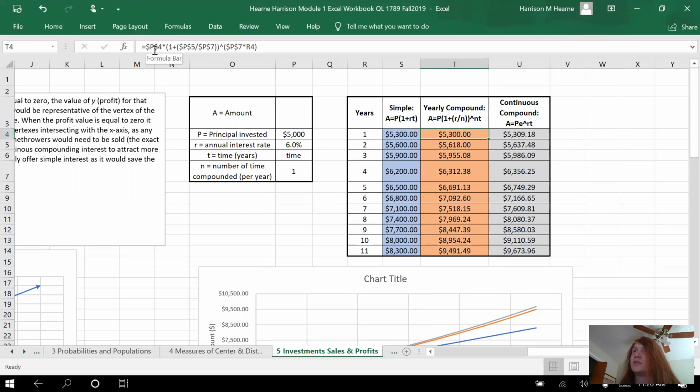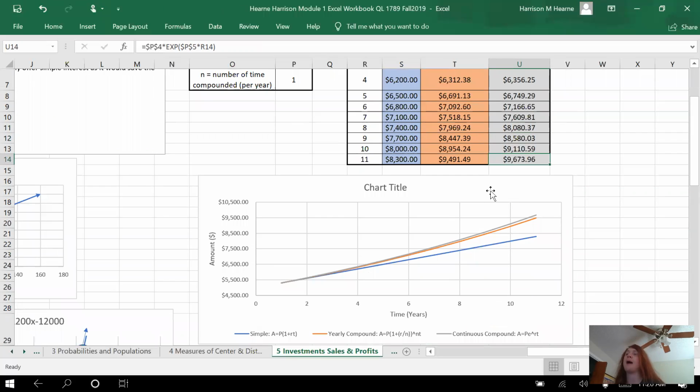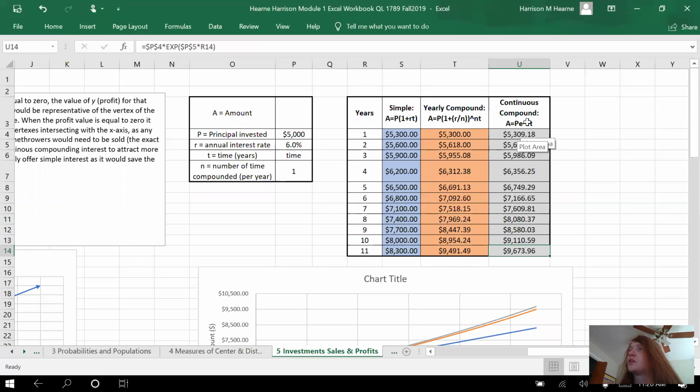And you can see our formula here matches the formula up here. We plugged it in much in the same way. And with these yearly compounding interests and continuous compounding interests, you can see they're about the same as each other. The continuous compounding rate is a little better.